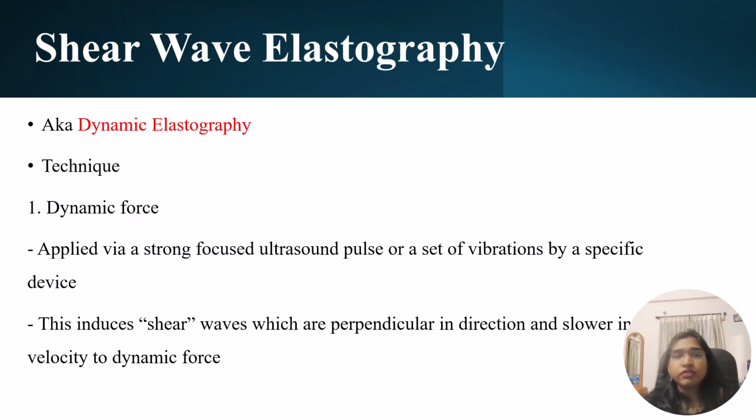Next is the shear wave elastography. Shear wave elastography is also known as dynamic elastography. What is its technique? First is dynamic force. That dynamic force is applied by a strong focused ultrasound pulse or a set of vibrations by a specific device.